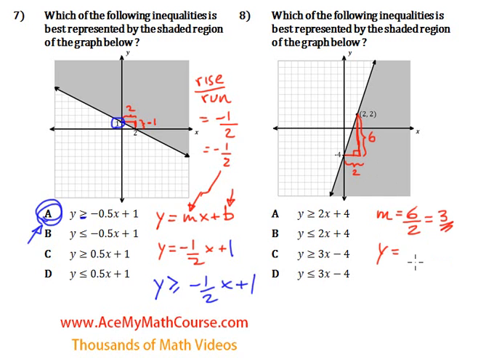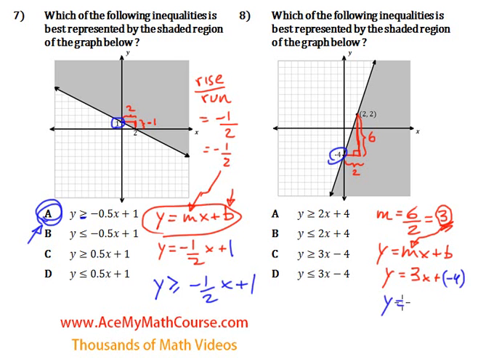So according to y equals mx plus b, the equation of the line in slope-intercept form, I can just plug in the 3 for m. So we have y equals 3x plus, now the y-intercept is just, what is it? -4.